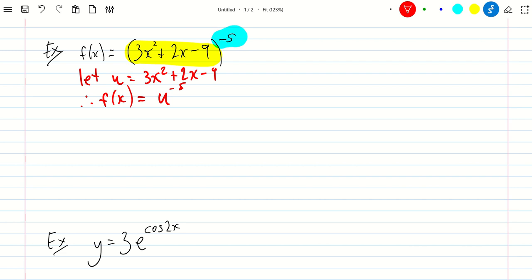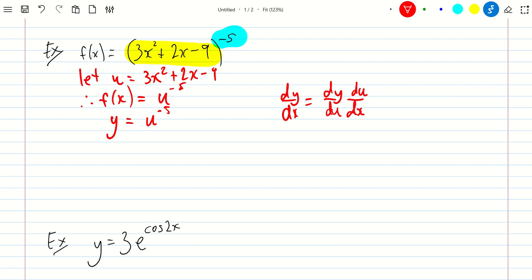I can write that as y equals u to the -5. What Leibniz notation says effectively is that dy/dx is equal to dy/du times du/dx. This is how you remember it: you write them diagonally, and the u's connect up, so it chains along. Those u's are the connecting pieces in the chain.